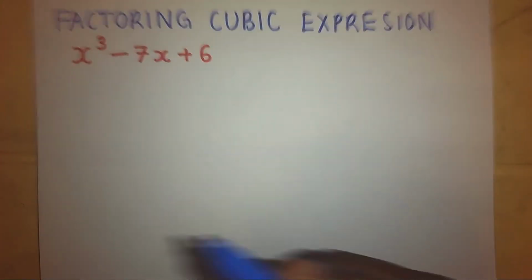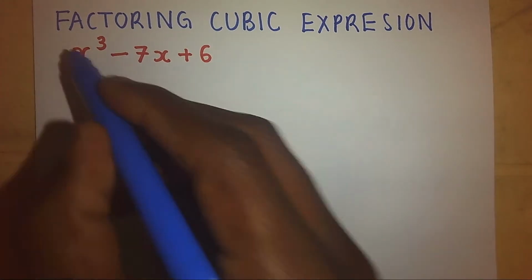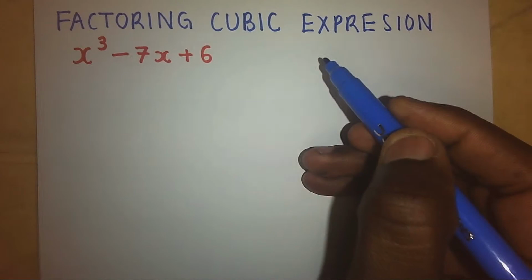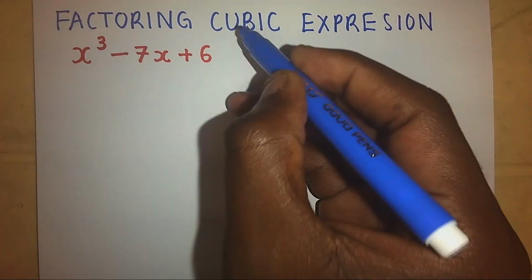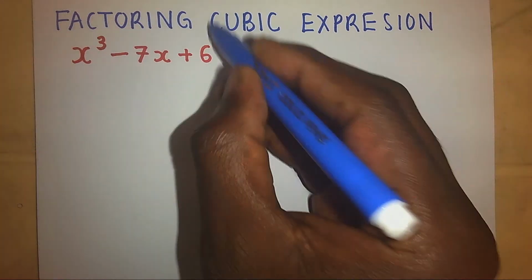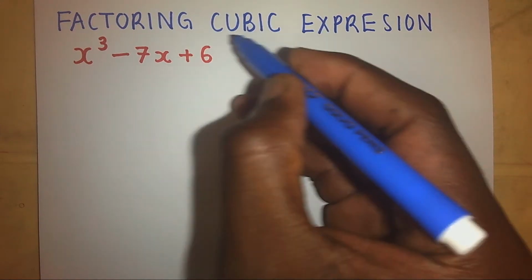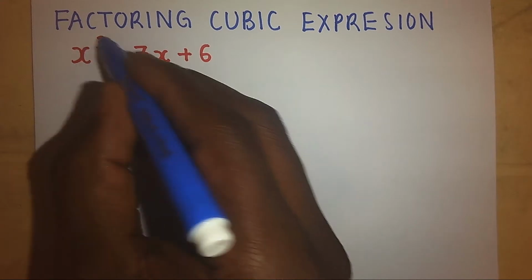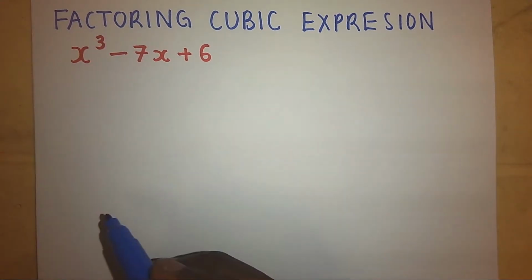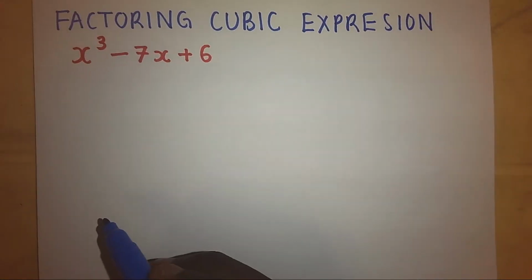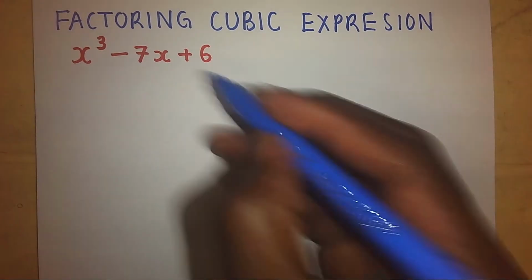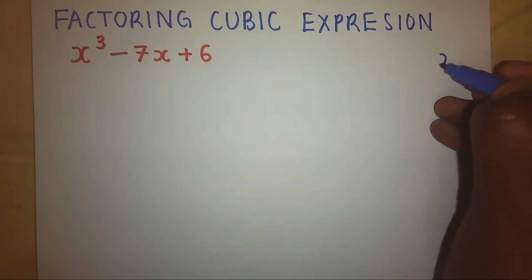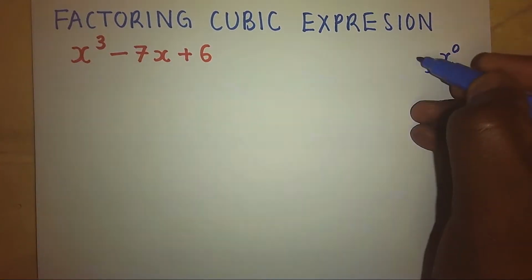Today we are going to factorize a cubic expression. Now, for any expression to be cubic, we must have the biggest power as 3. Remember, this comes from a polynomial system where the polynomial system shows us the increase of powers.